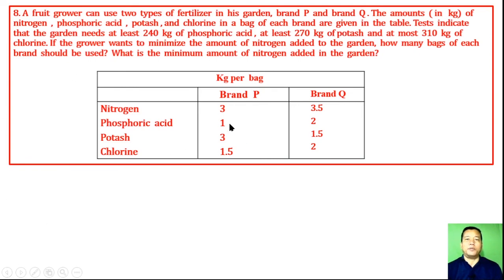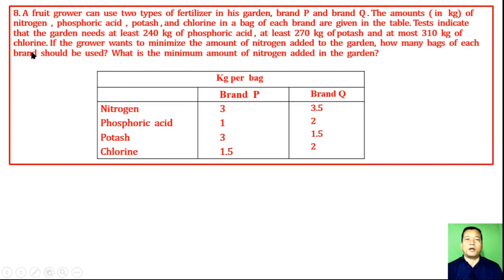Tests indicate that the garden needs at least 240 kg of phosphoric acid, at least 270 kg of potash, and at most 310 kg of chlorine.